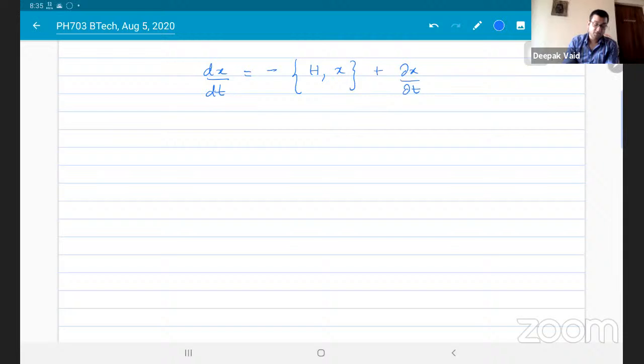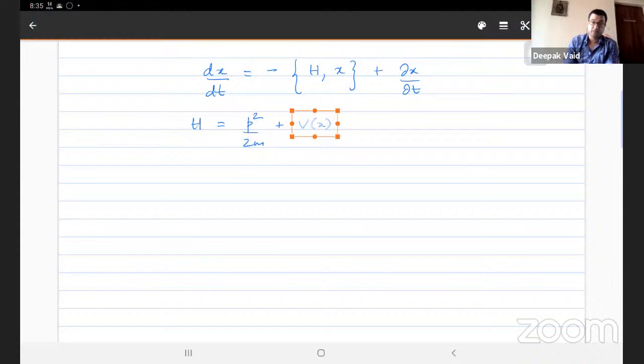As an example, let's say we consider h to be something like this. Now you see this Hamiltonian has a kinetic energy term which depends on the momentum and a potential, but this potential is independent of momentum. This is very important.